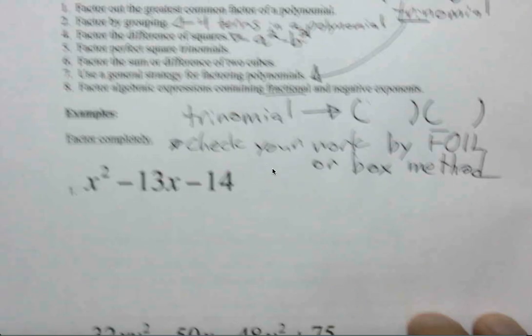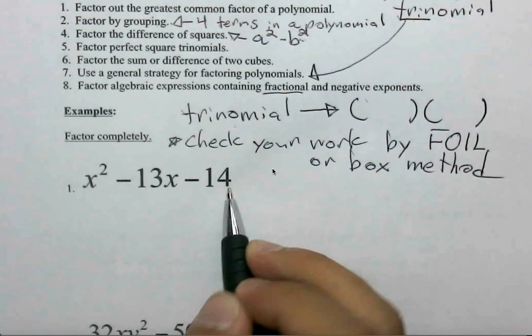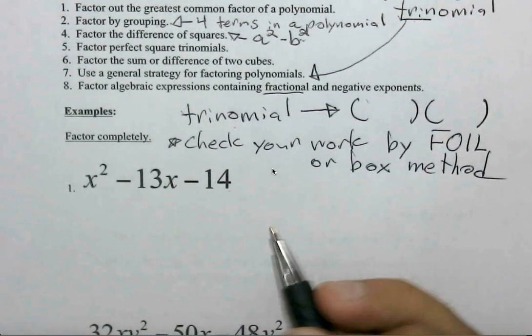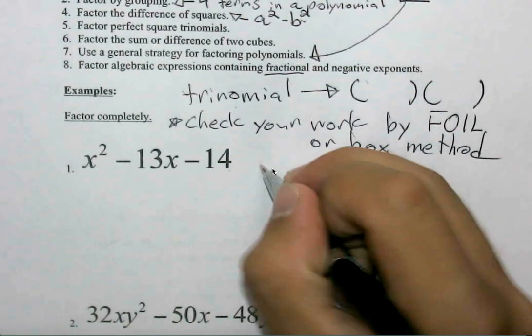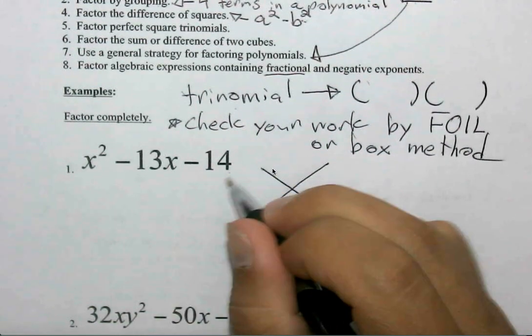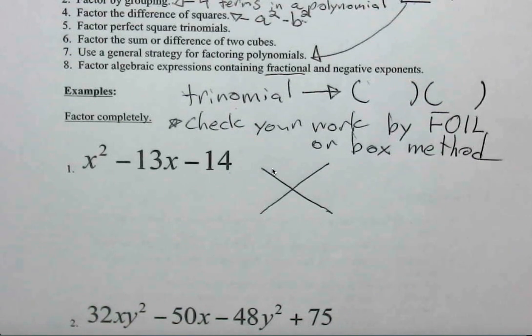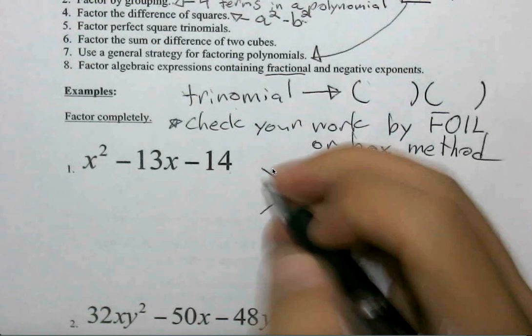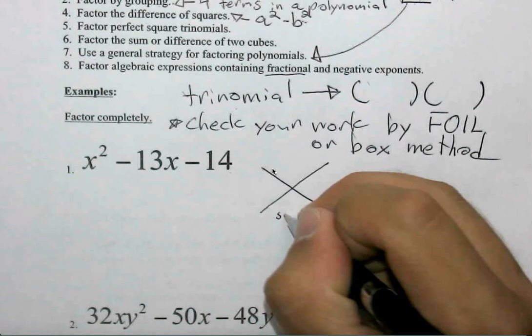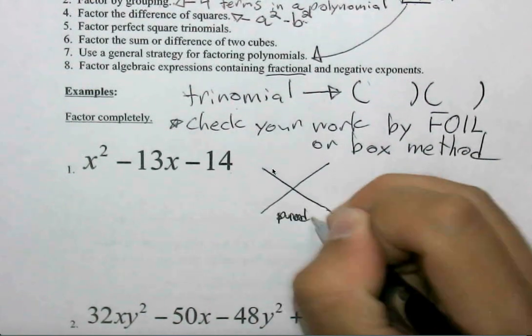And so we are going to be looking at x squared minus 13x minus 14. Diamond method is going to be used here because this is a trinomial. And so what diamond method is, is just a way for us to think out how this is going to be factored before we actually say this is the final answer, we're done. So to collect our thoughts, in this bottom portion here, this is where our product goes.